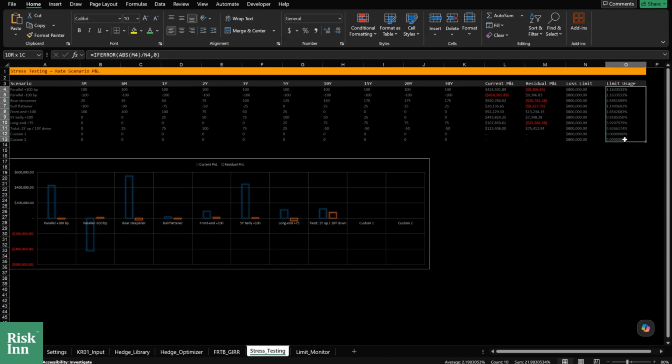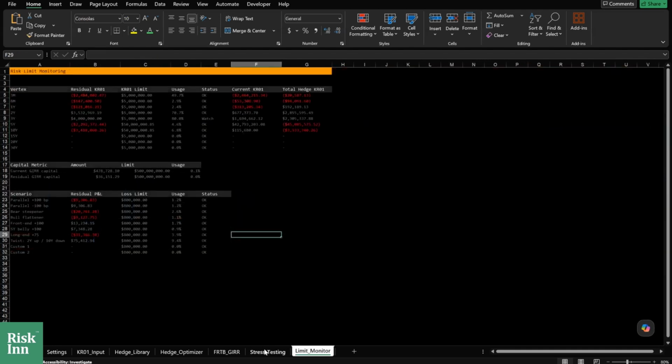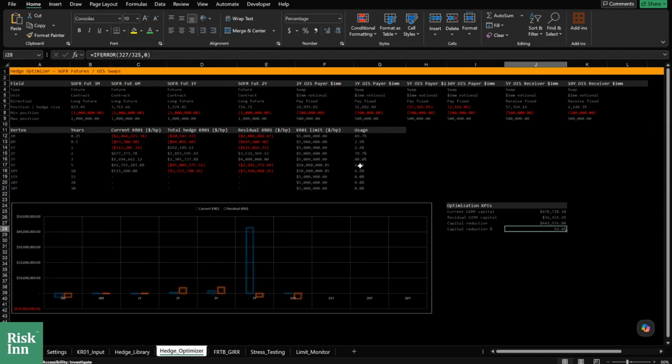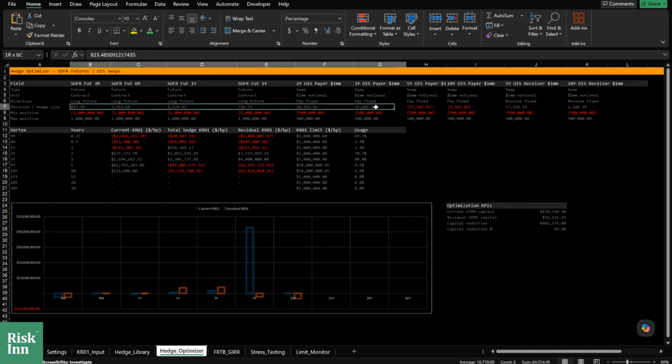And this is the stress capital loss limits for various scenarios, and I'm well within the limit. Okay. Right. So taking all of these into consideration, I'll optimize the hedge portfolio, ensure that my risk is reduced and I'm staying within the limits. If there are other business constraints, I can also put those in, but ultimately everything goes into a solver, and the solver gives us the hedge portfolio.